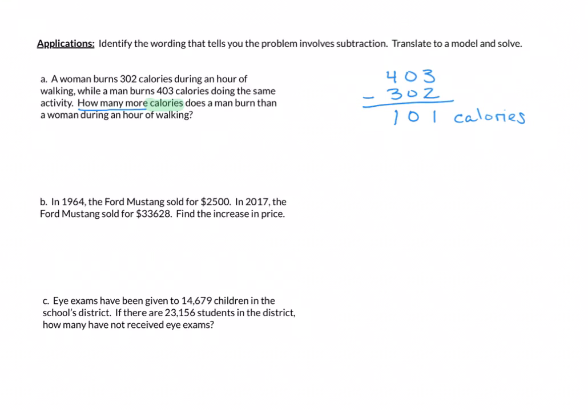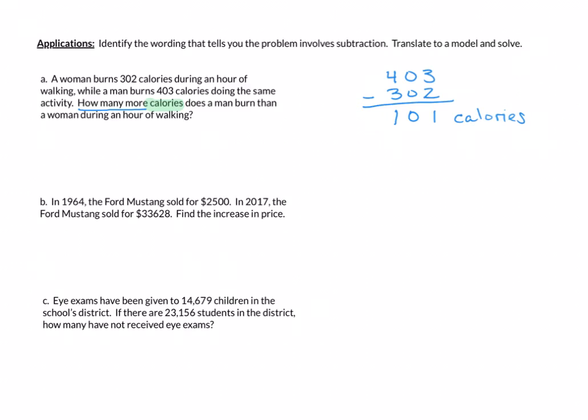All right, let's look at example B. It says in 1964, the Ford Mustang sold for $2,500. In 2017, the Ford Mustang sold for $33,628, and we want to find the increase.